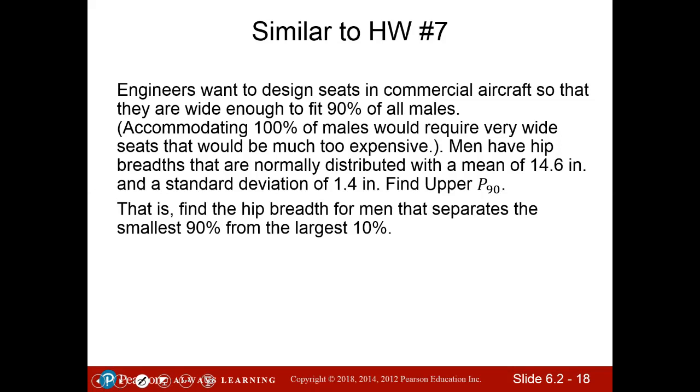Accommodating 100% of males will require very wide seats, which will be much too expensive. Men have hip breadths that are normally distributed with mean 14.6 inches and a standard deviation of 1.4 inches. We want to find the upper 90th percentile.